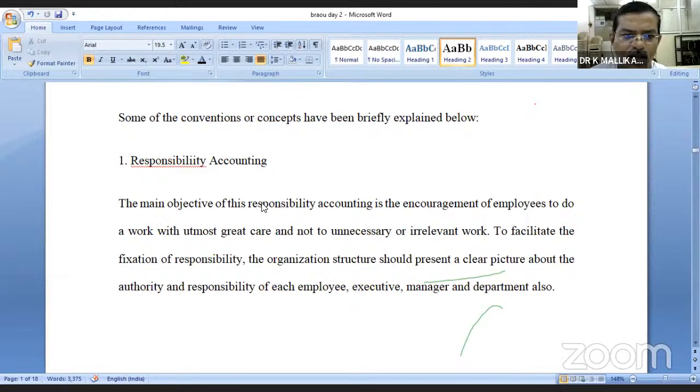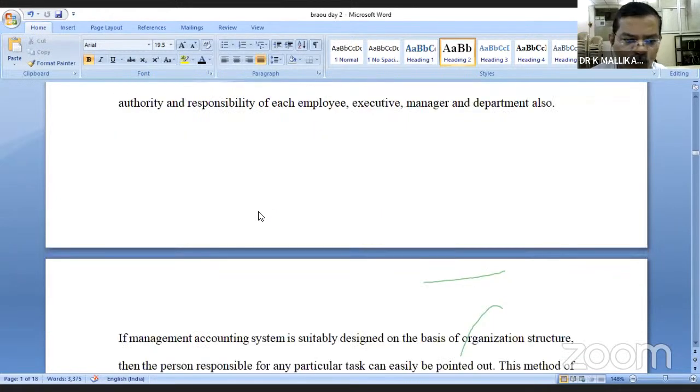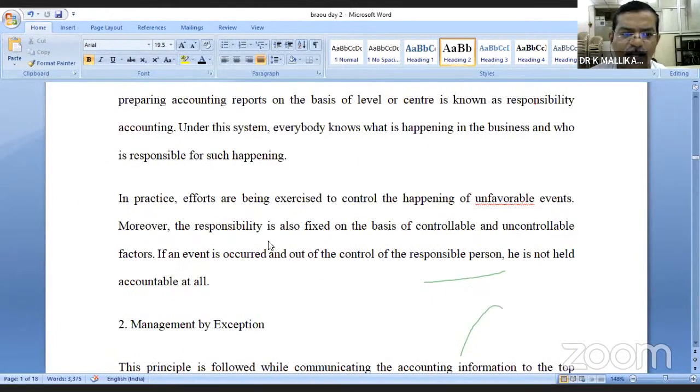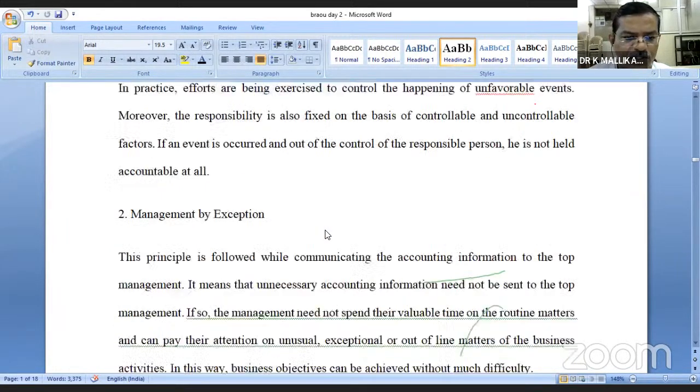Everyone feels some responsibility for doing the work. In practice, efforts are exercised to control unfavorable events, and responsibility is fixed on the basis of controllable and uncontrollable factors. Otherwise, we can't expect effectiveness and efficiency.